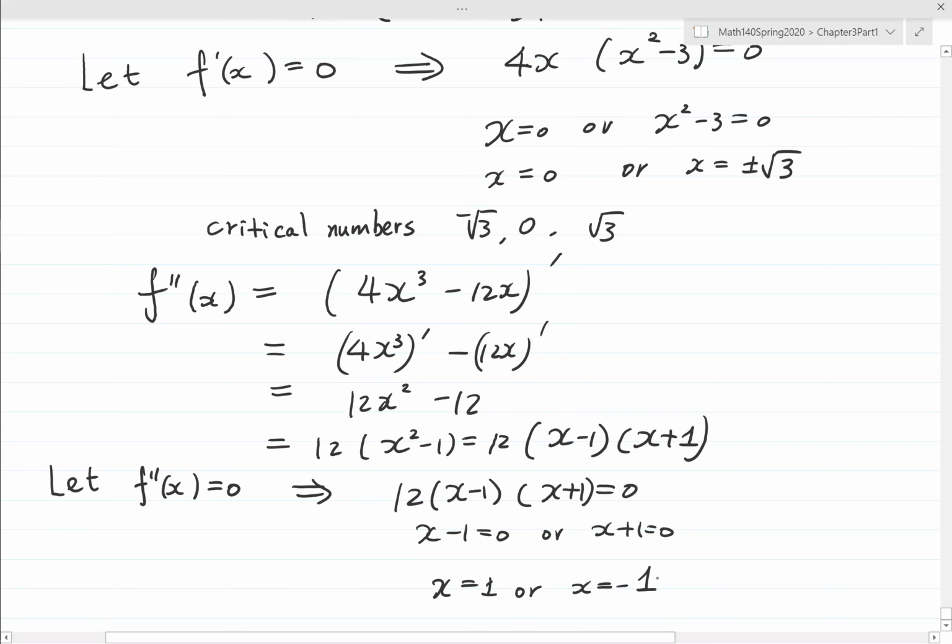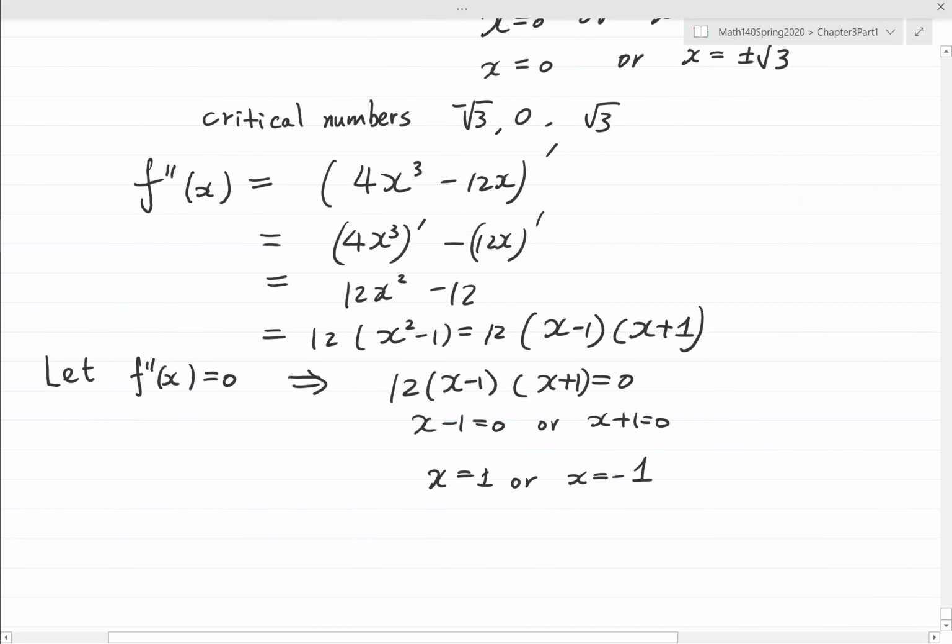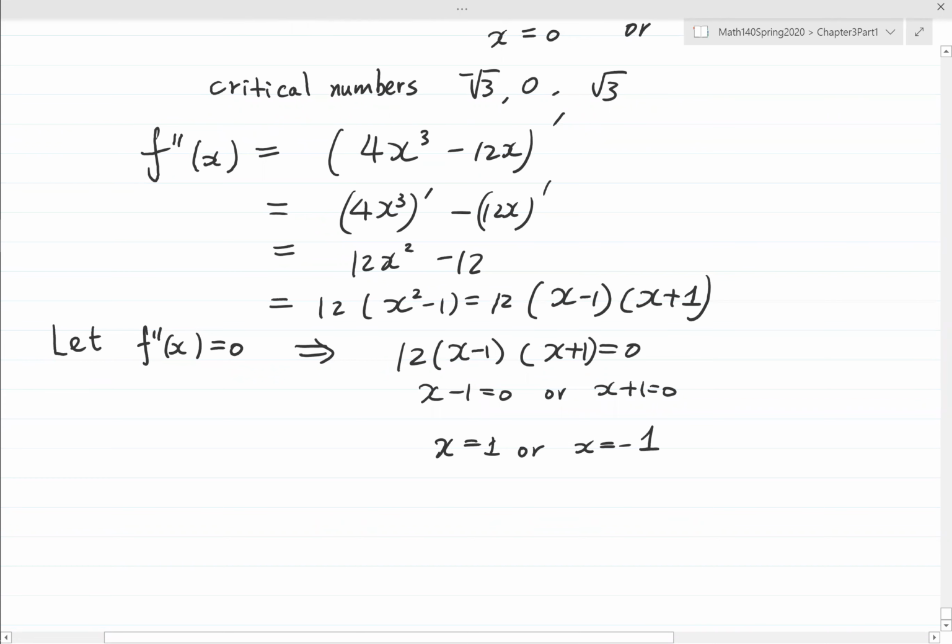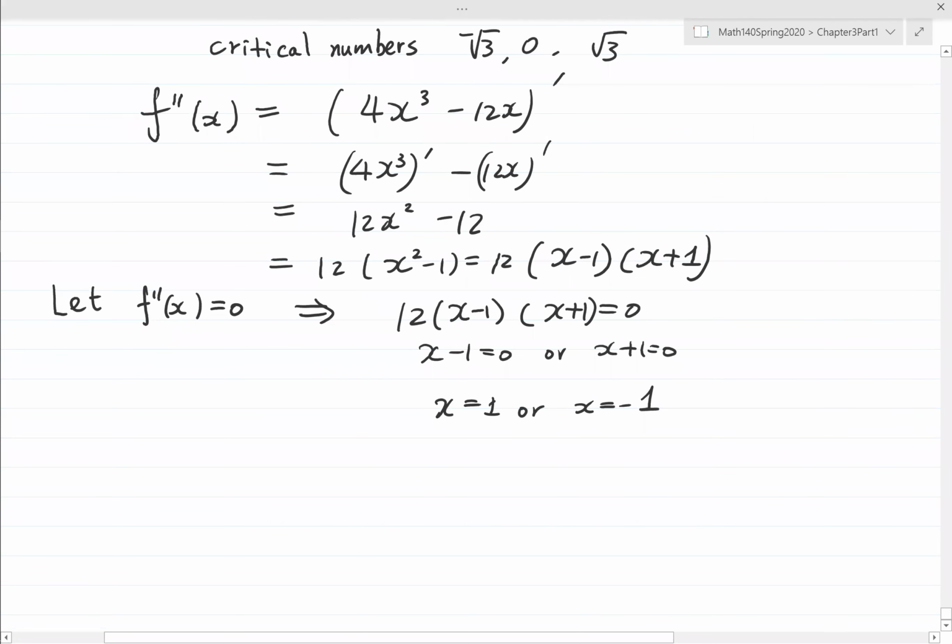Then the next step is we put all the numbers on the number line, okay? So we have 0, negative 1, positive 1, then root 3, around 1.7, and negative root 3.